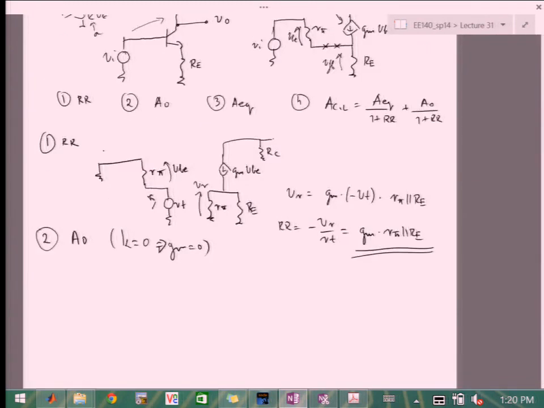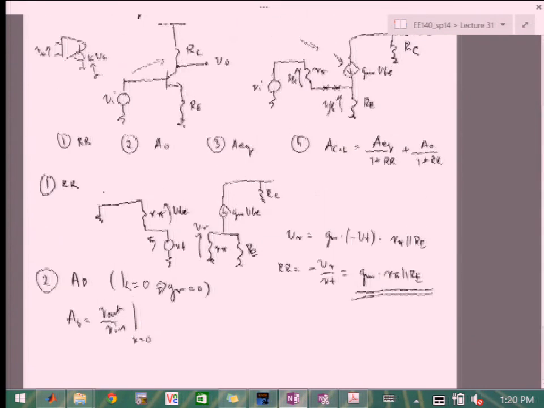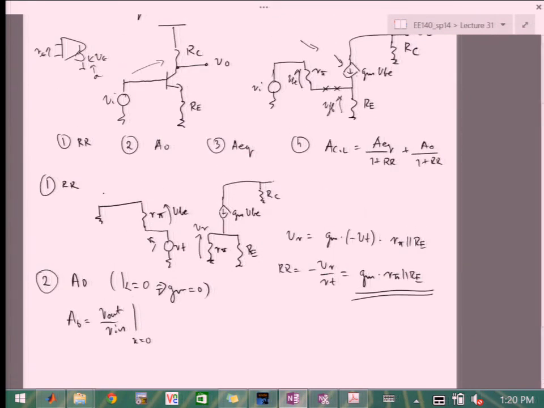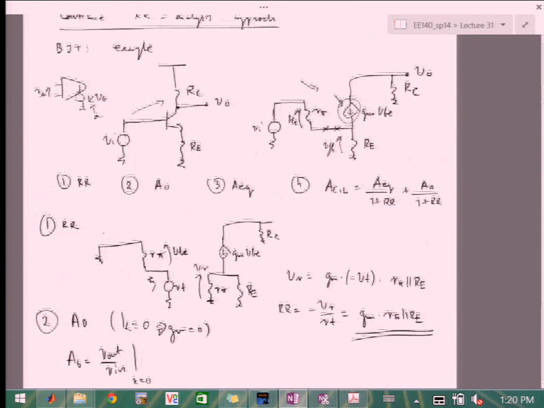So we're looking still at V out over Vn for K equals 0. So we're looking for the feed-forward path that does not involve the transistor. Right. So if K equals 0, that means there's 0 current flowing here through this source, regardless of what VBE is. Right.